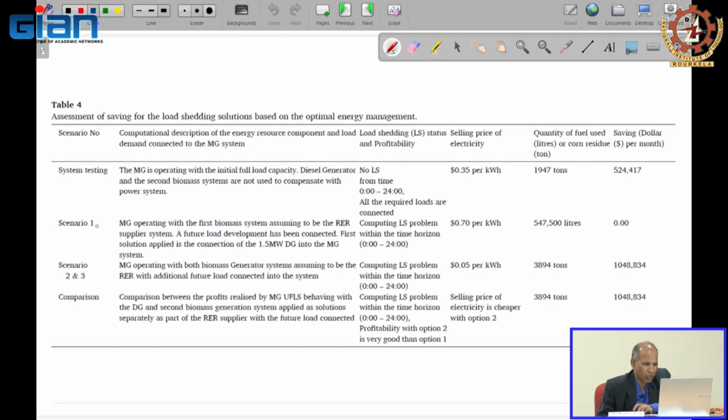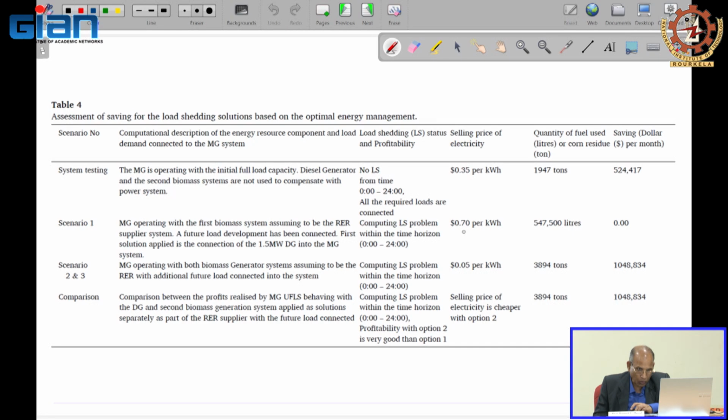Then in this scenario, for example, it says the microgrid is operating with the first biomass system, assuming the renewable energy source supplier system, and a future load development has been connected. The first solution applied is the connection of the 1.5 megawatt diesel generator into the microgrid system. So here we are running the full diesel generator capacity.